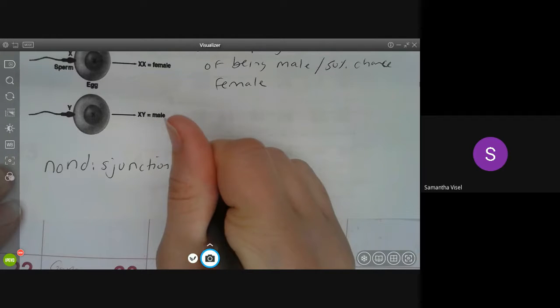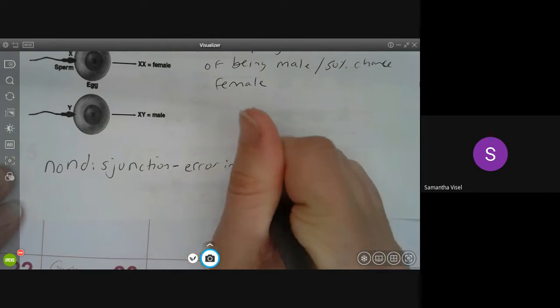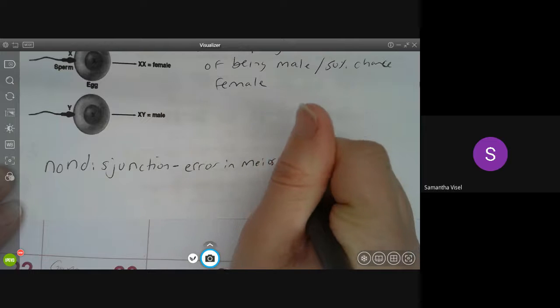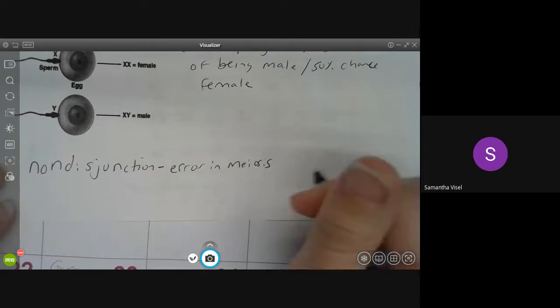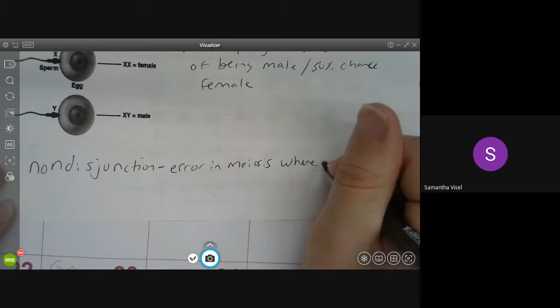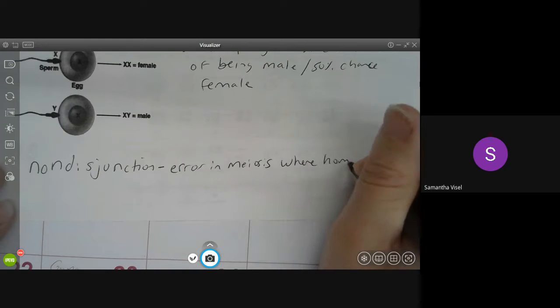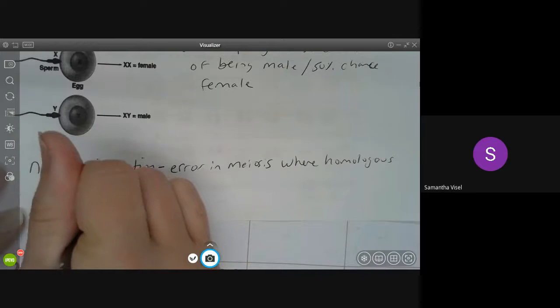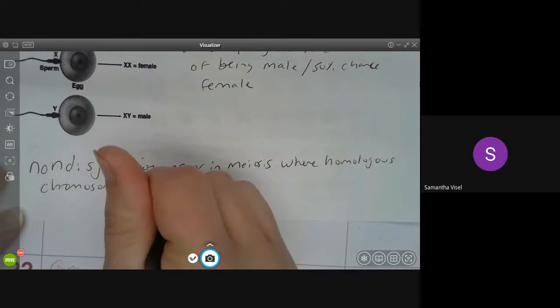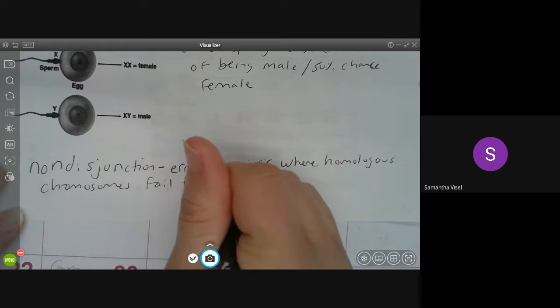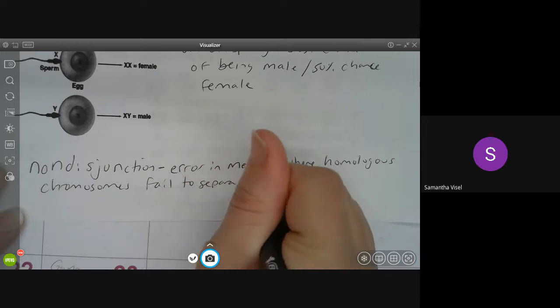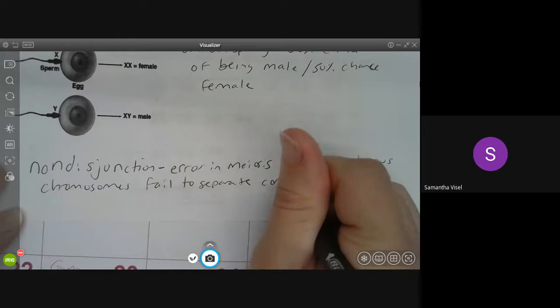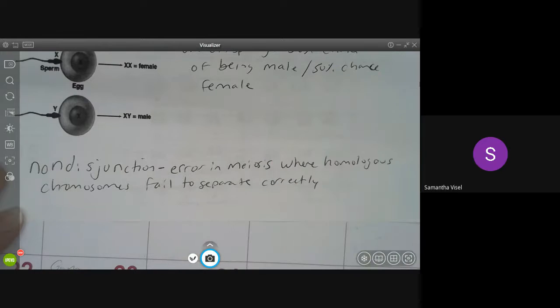So remember, non-disjunction is an error in meiosis where homologous chromosomes fail to separate correctly.